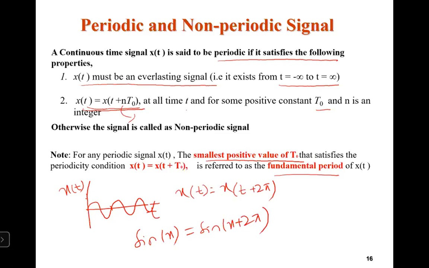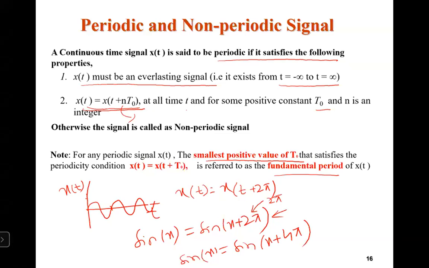That will be satisfied, so 2 pi may be one period of the sinusoidal wave. Instead of 2 pi, if I take 4 pi, it will also satisfy the condition: sin x equals sin(x plus 4 pi). Yes or no?